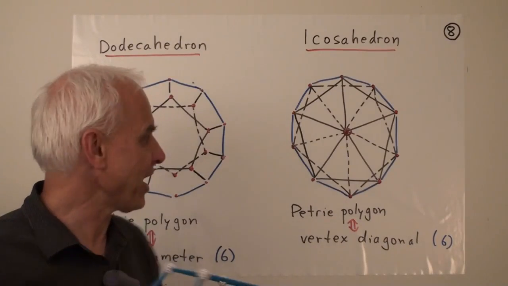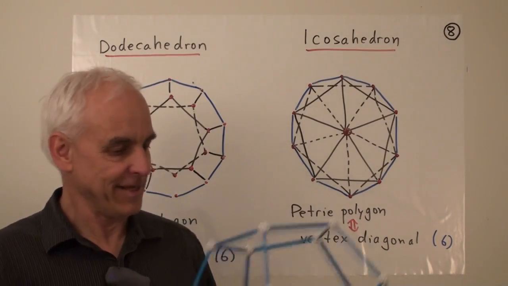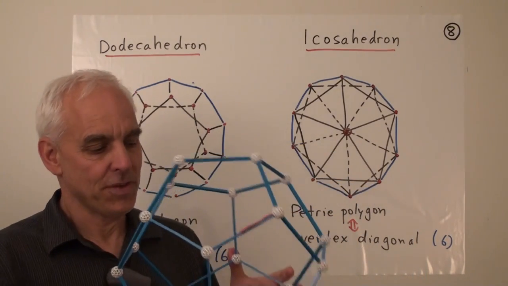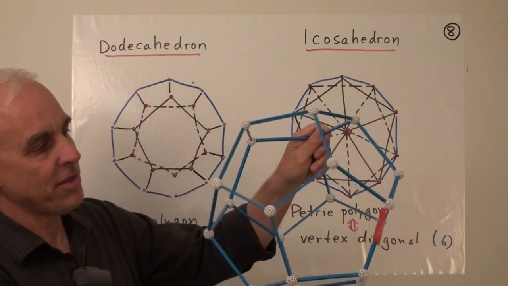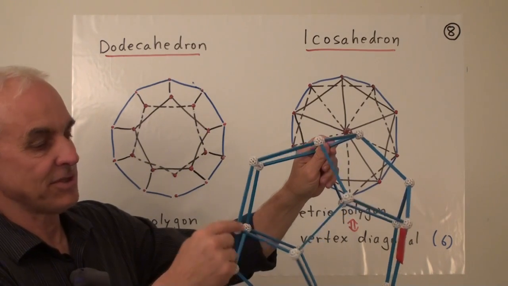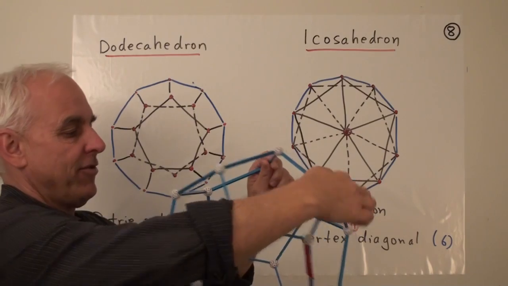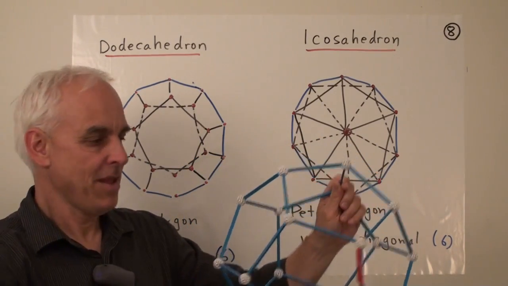Alright, so the story with the dodecahedron and the icosahedron is really pretty, I think. It's one of those things that makes you happy that you're studying mathematics. So for the dodecahedron, the Petrie polygon story is basically a zigzag. So we start here, maybe we go this way, and then we zag like this till we get back to where we started.